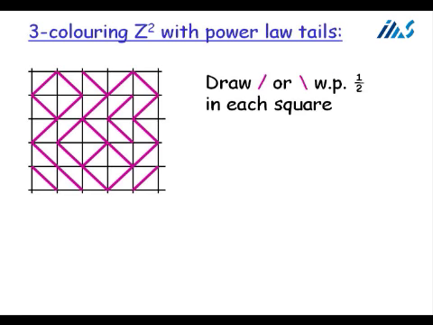What we can do is in each box randomly draw the left to right diagonal or the opposite diagonal with probability half. This gives bond percolation on the Euclidean lattice if you rotate 45 degrees.